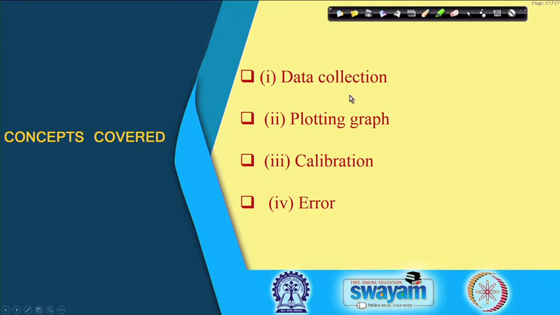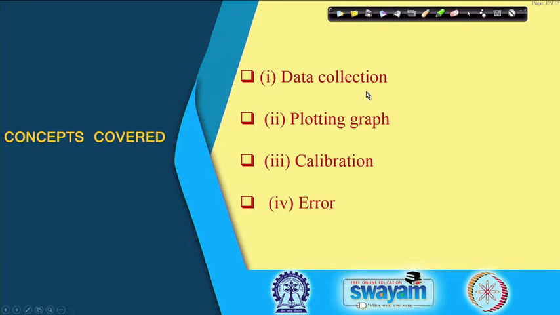I will discuss in general how to collect data, and where you have to be very careful, where you can make some mistake. This type of discussion we will do in this case.